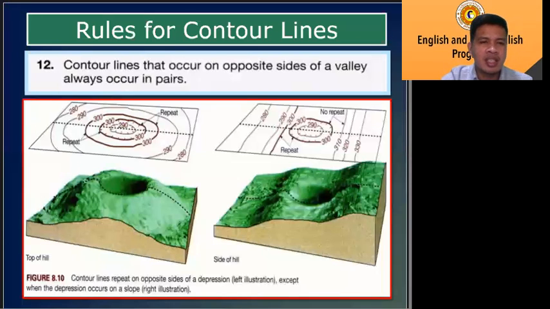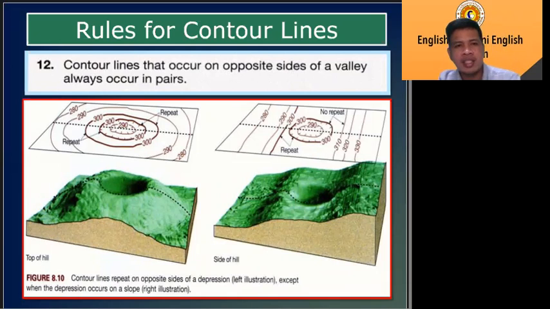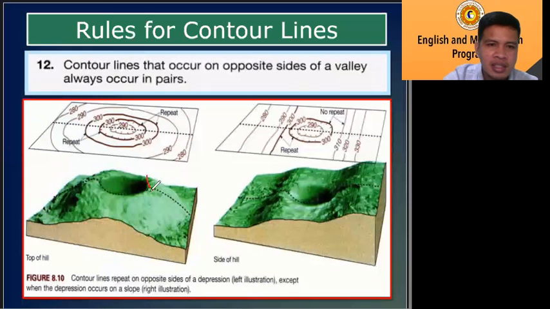Right, so next, number 12, contour lines that occur on opposite sides of a valley always occur in pairs. For example, this one, contour lines here, they appear in pairs. 300 and then 300.